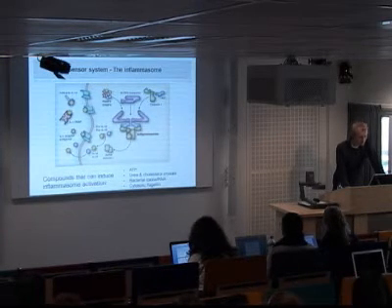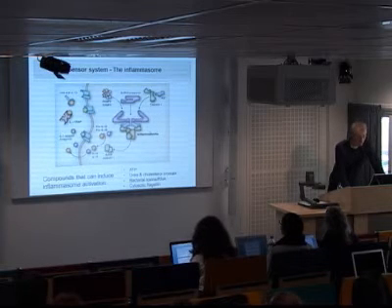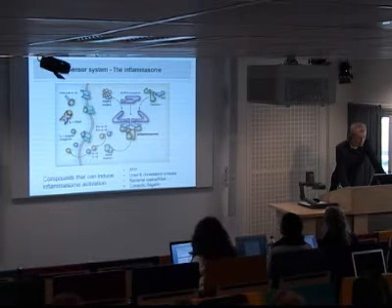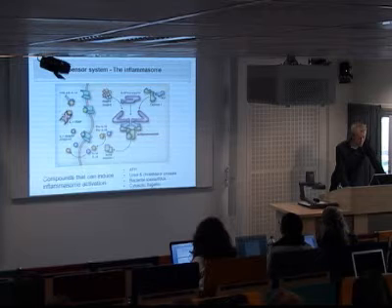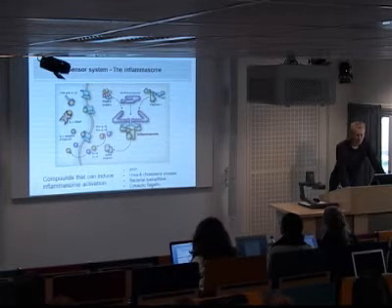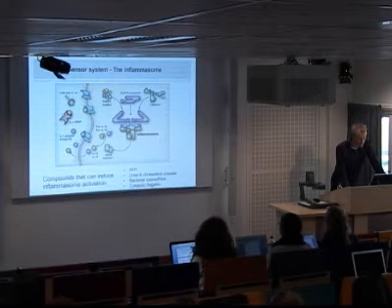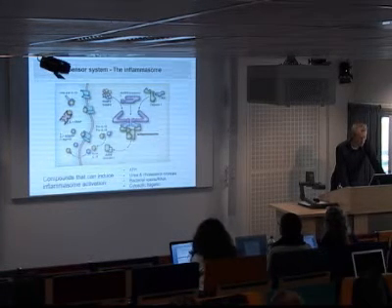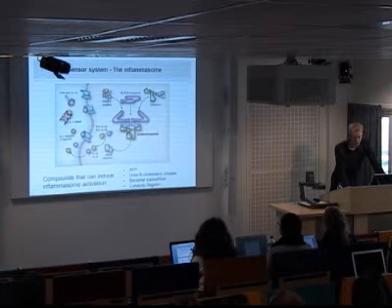And the inflammasome itself is a multi-protein complex. It consists of caspase 1 and ASC usually, and then one of the other proteins that mediates the recognition of these specific signals. For example, NLRP3 is one of those important proteins.